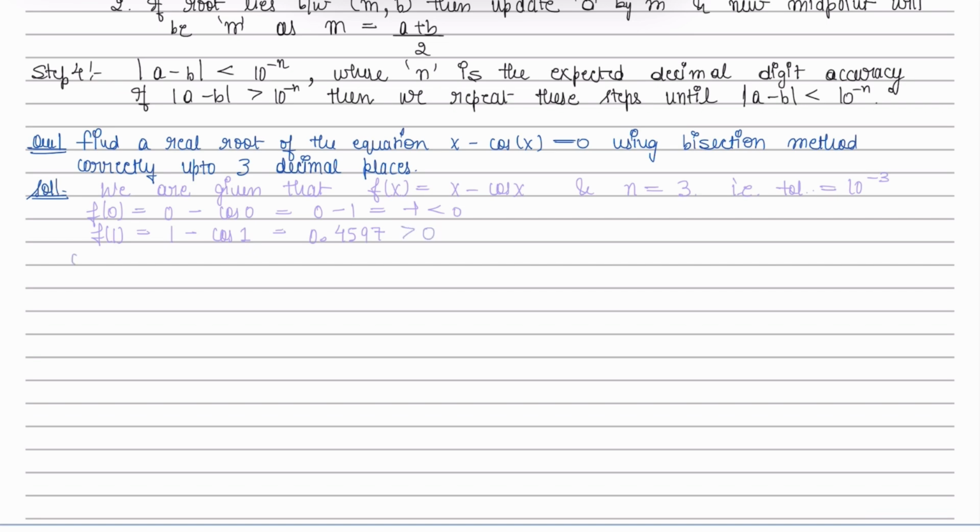So clearly f of 0 and f of 1 are of opposite signs, which implies the root lies between the interval 0, 1 by the intermediate value property.